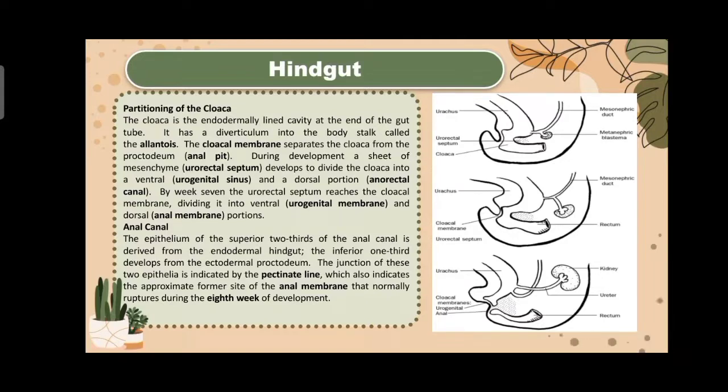The epithelium of the superior two-thirds of the anal canal is derived from the endodermal hindgut. The inferior one-third develops from the ectodermal proctodeum. The junction of these two epithelia is indicated by the pectinate line, which also indicates the approximate former site of the anal membrane that normally ruptures during the 8th week of development.